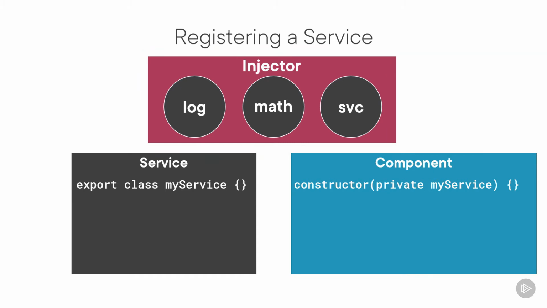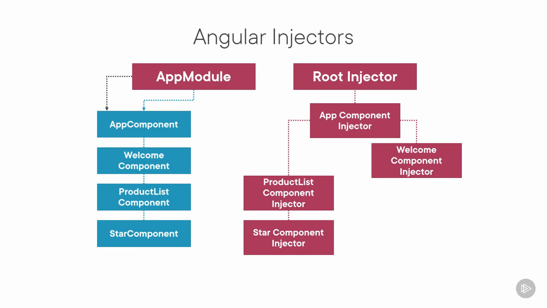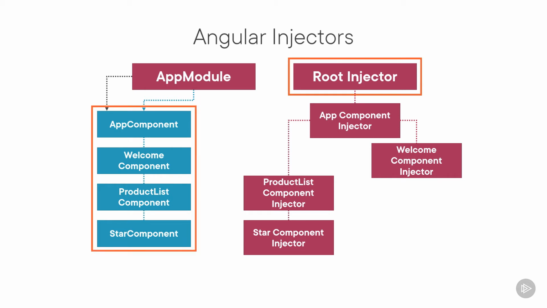But wait, there's more. In addition to the root application injector, Angular has an injector for each component, mirroring the component tree. A service registered with the root application injector is available to any component or other service in the application.